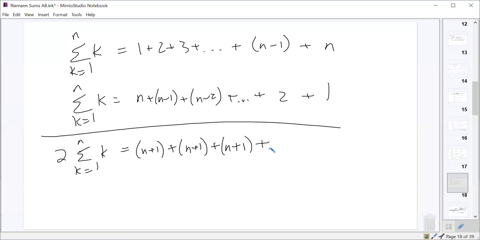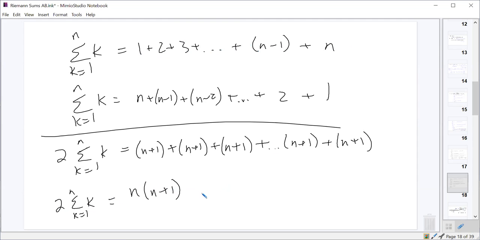How many n plus 1s do I end up with in the end? I should have n of them, right? 1, 2, 3, 4, 5, 6, 7, 8, 9, n. So 2 times the sum from k equals 1 to n of k should be equal to n times n plus 1. Or just the sum from k equals 1 to n of k equals n times n plus 1, divided by 2.